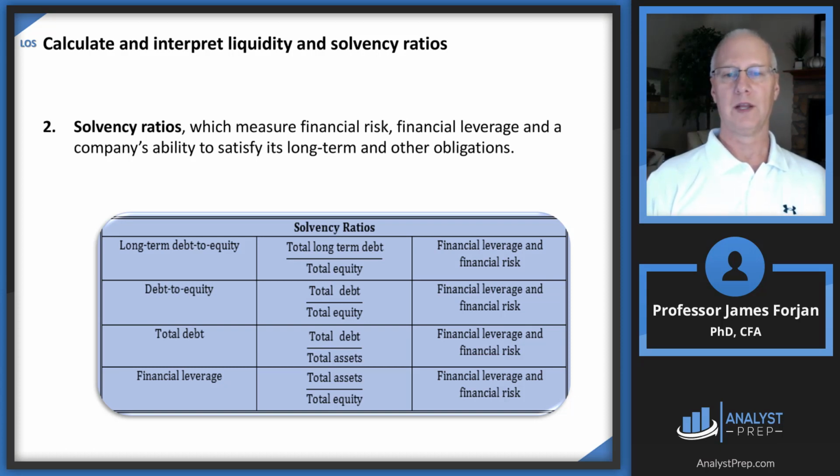Look at the debt to equity ratio there in the top middle. If the debt is, let's say, 10 and the equity is 1, what does that mean? That means the firm has tons of explicit promises it's made to the bankers or the bondholders, which puts tremendous pressure on the income statement to generate enough operating income to meet those debt service requirements. So high solvency ratios indicate an increase in the threat of bankruptcy.